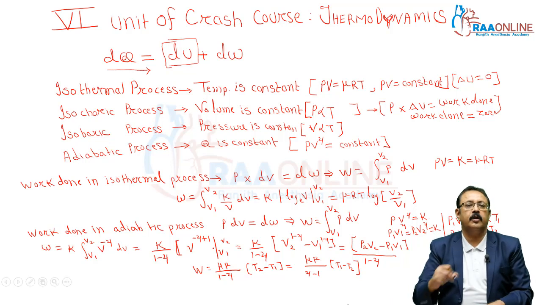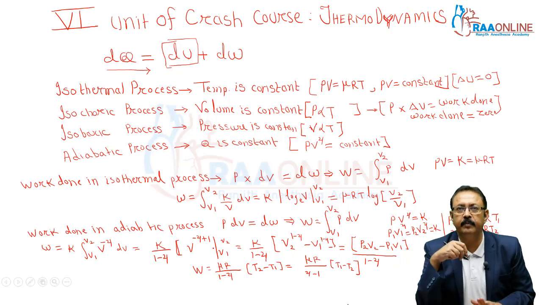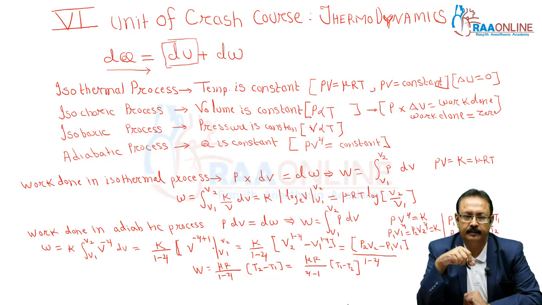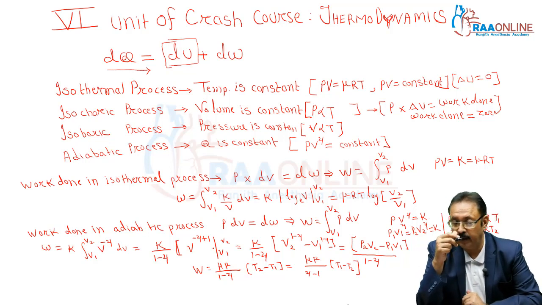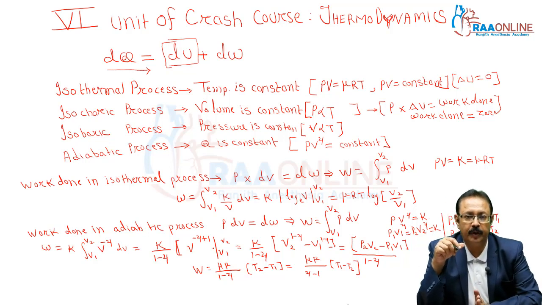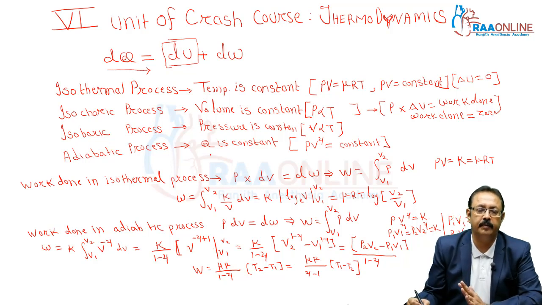So mu R upon gamma minus 1 into T1 minus T2, it was work done in adiabatic process. So getting my point? In this way, we are able to calculate work done in isothermal process and work done in adiabatic process.